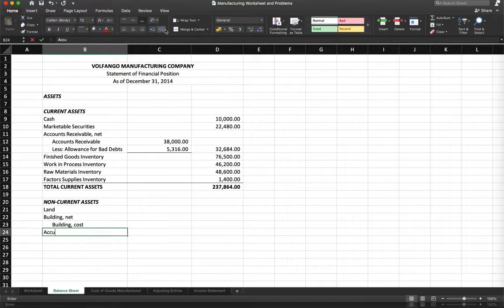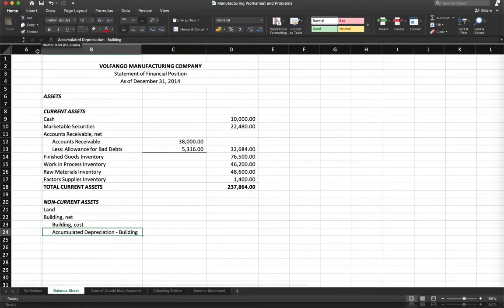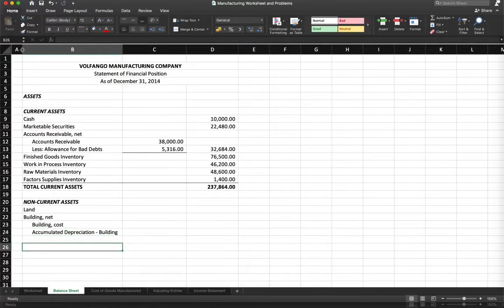And then accumulated depreciation, building. And then machinery net. Machinery cost.